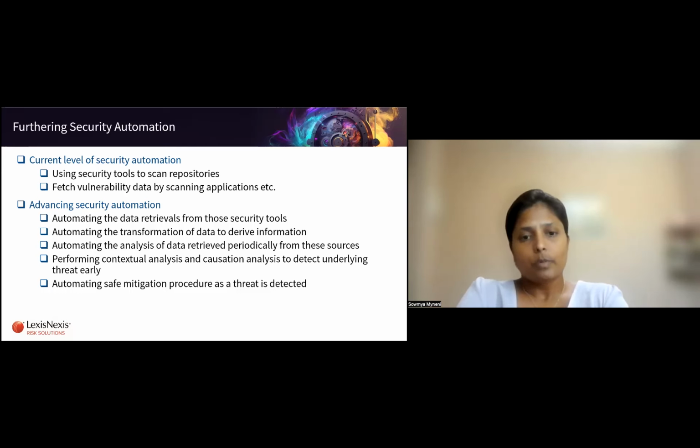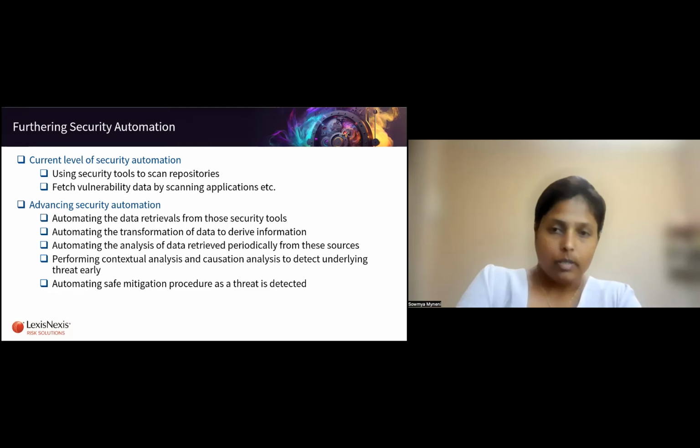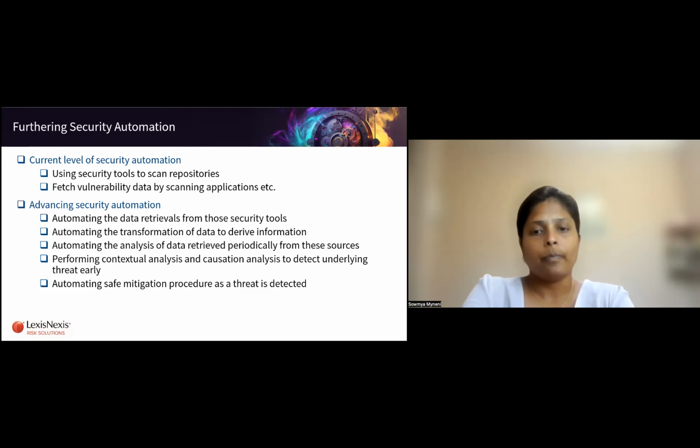Automating these mitigation procedures, based on the criticality of the infrastructure you are making changes to, would level up your security as well, and helps you automate threat detection and achieve automated threat mitigation.